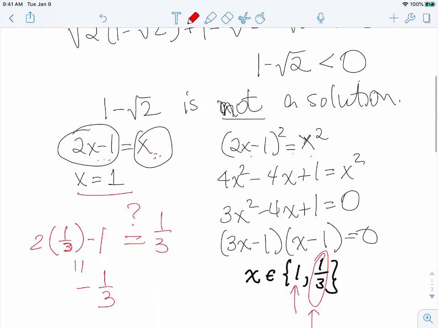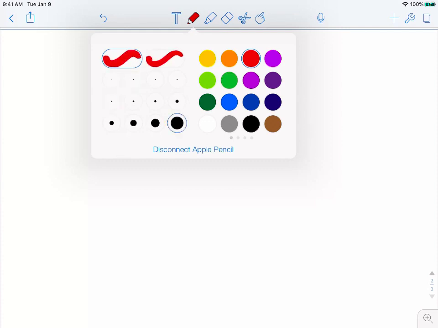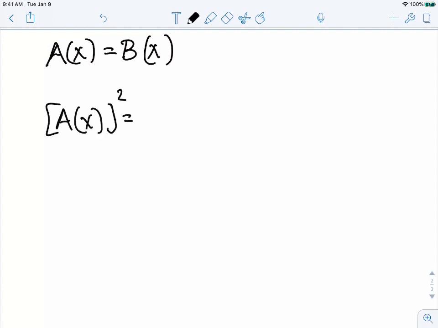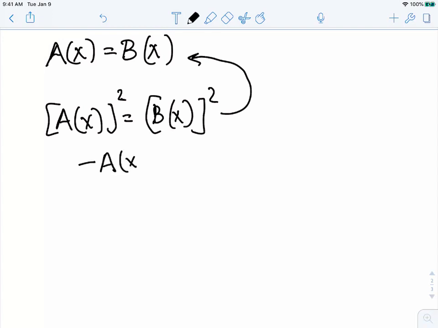So what's the moral of the story? The moral of the story is that if you have a of x equals b of x, and you square both sides, you will in general not get the same solutions, because this process of squaring both sides of an equation introduces more solutions, specifically because if a equals b, then negative a squared equals b squared.